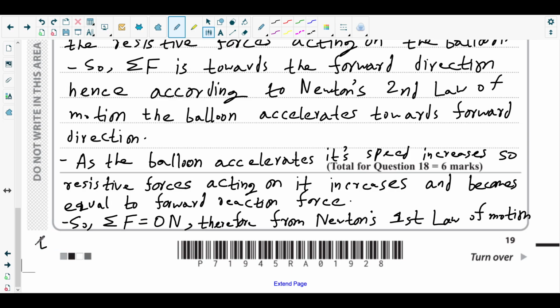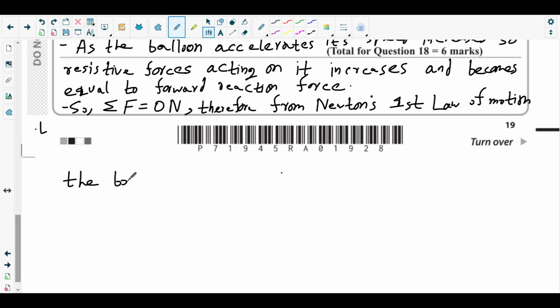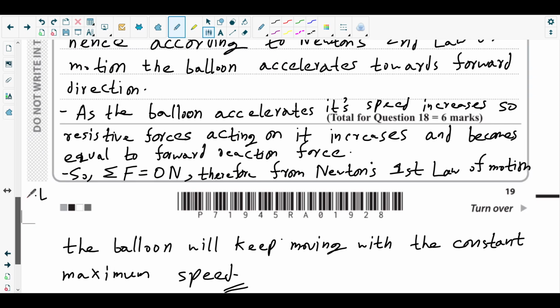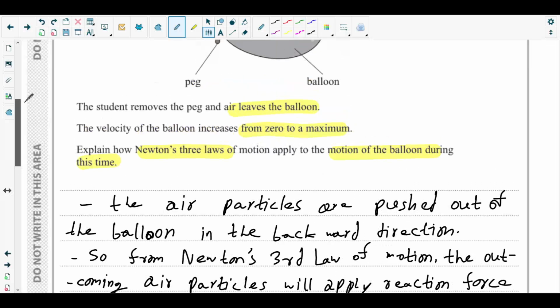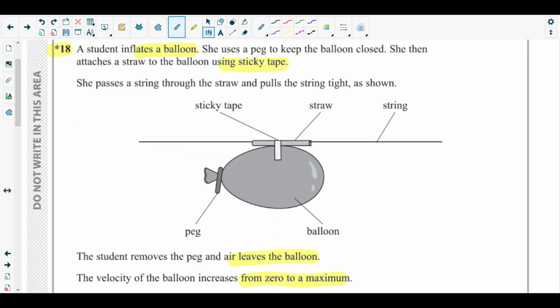The balloon will keep moving with the constant maximum speed. That's it. That's the exact 6 points for this asterisk question. That is question number 18, and that's all about this question. Fine.